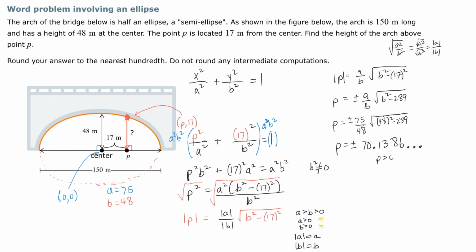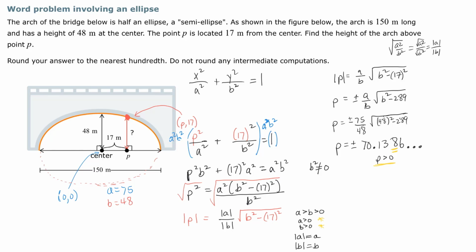We know p is greater than 0, and we need to round our answer to the nearest hundredth. So we're going to look at the thousands place. 8 is more than 5. We're going to round this up. And we know that p is greater than 0.